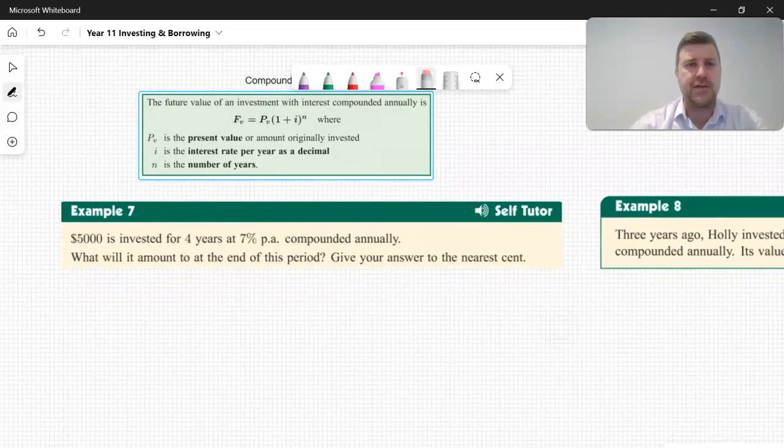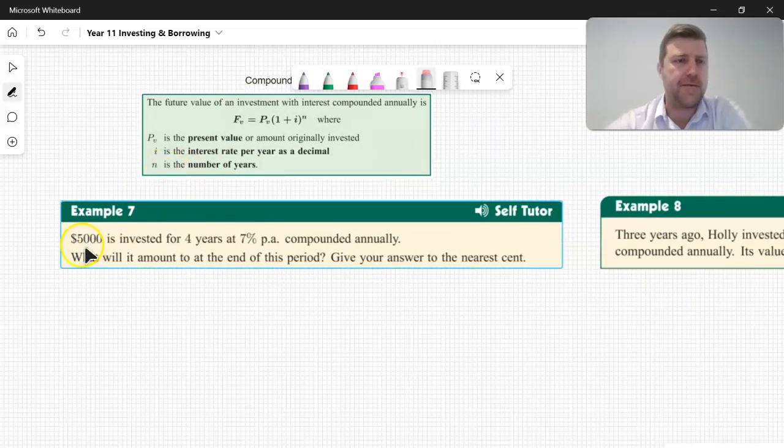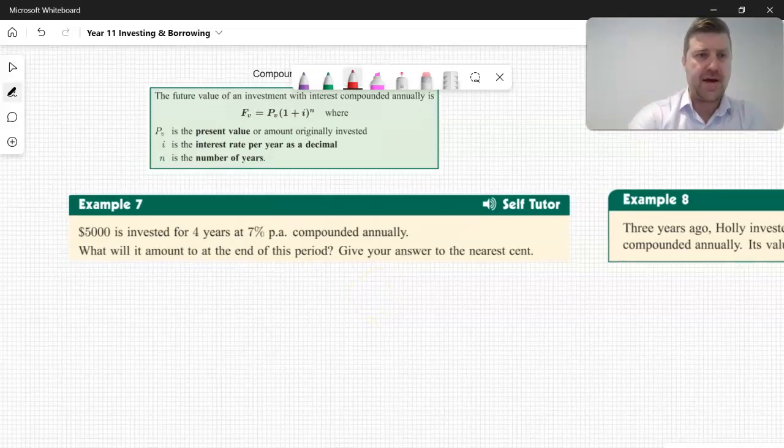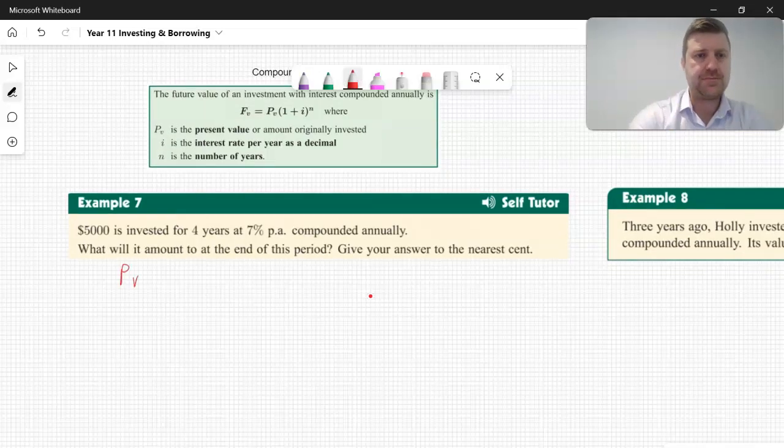So let's get straight into the first example. $5,000 is invested for 4 years at 7% per annum and is compounded annually. What will the amount be at the end of the period? Let's just look at what we do have. The present value, which is the initial principal, is $5,000.